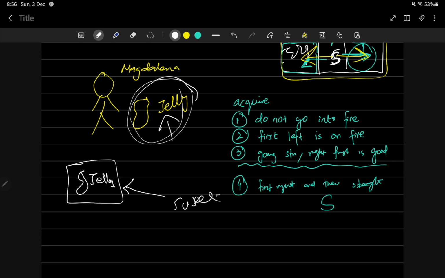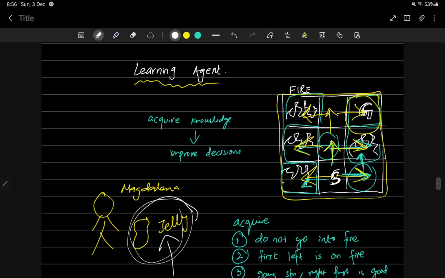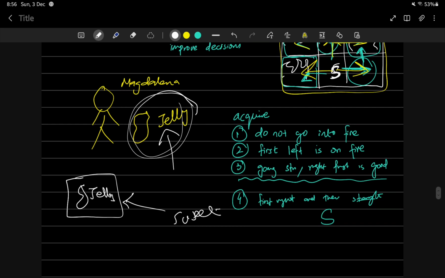You learned it by actually doing it. So this is how a learning agent does things. It takes some steps, it takes some actions, and then it sees, okay, what was the outcome of my action, and then it stores it in its knowledge base. So this is how learning agents work.